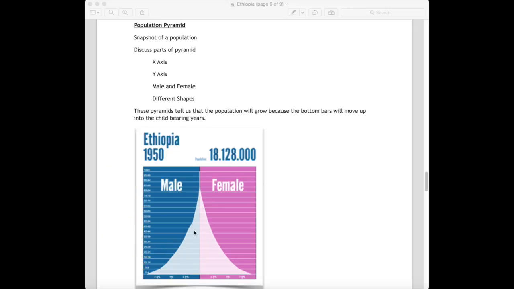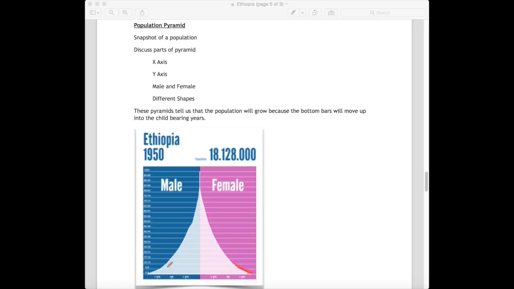Okay, so another thing to notice, let's look specifically at this graph. What do we see? Well, down here at the bottom of the graph for Ethiopia, we see that children up until about 10 or 15 years old, there's a lot of children.